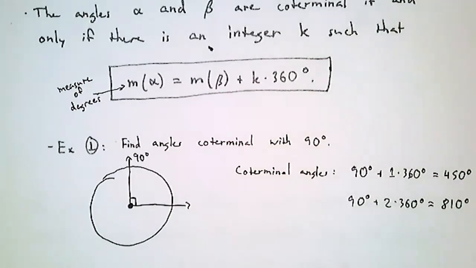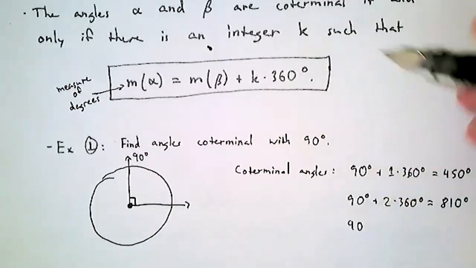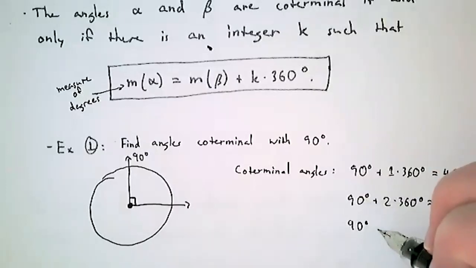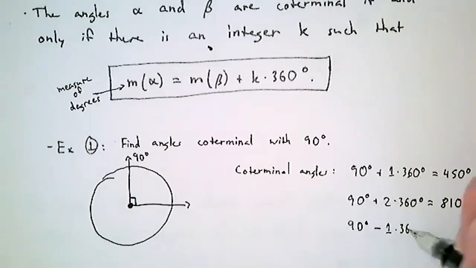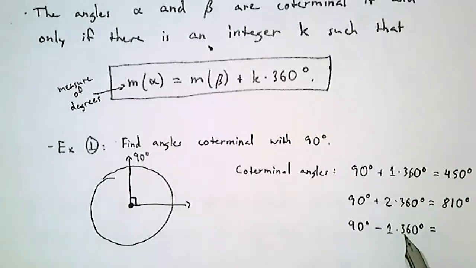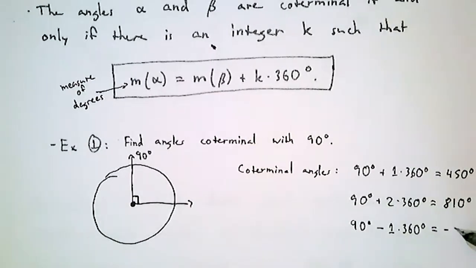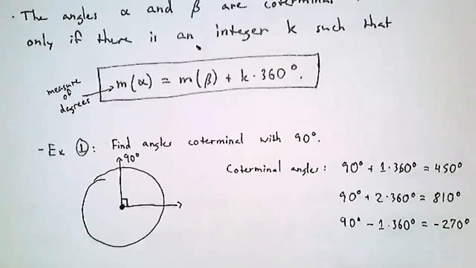And let's do maybe one more angle. Remember, k in my formula can be an integer. It could be a negative number. So maybe I could have -1 times 360. And 90 minus 360 comes out to negative 270 degrees. So what is the minus sign?